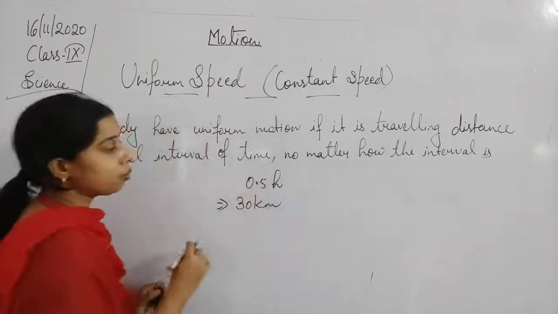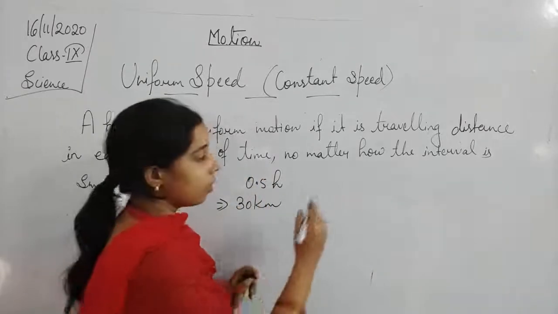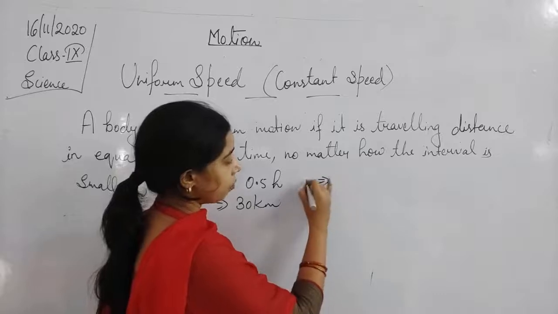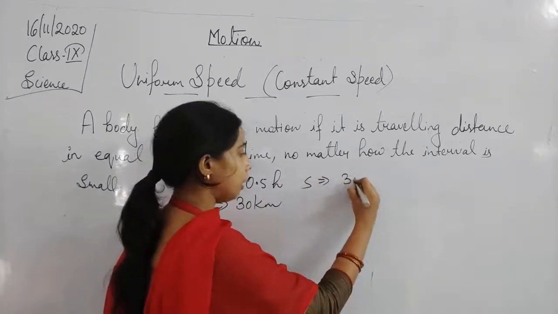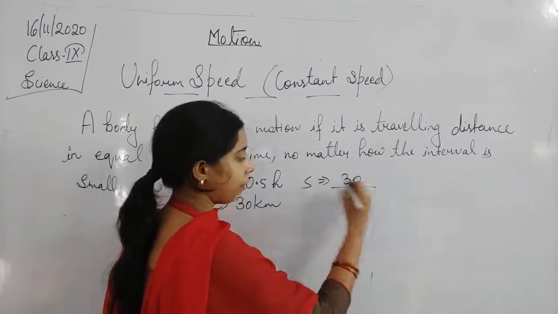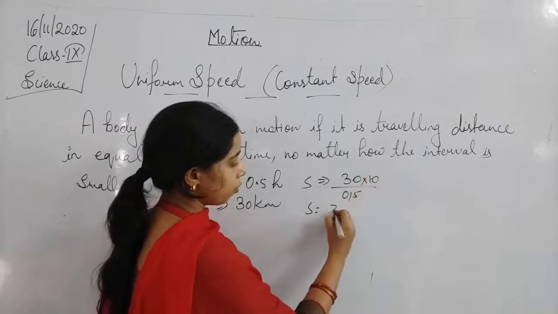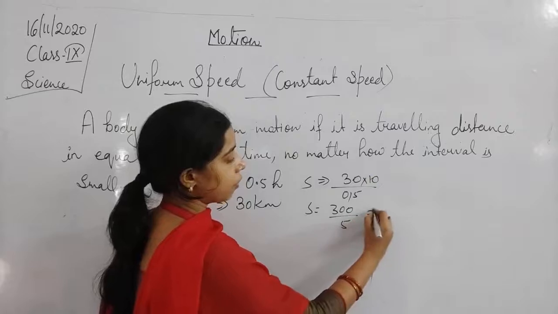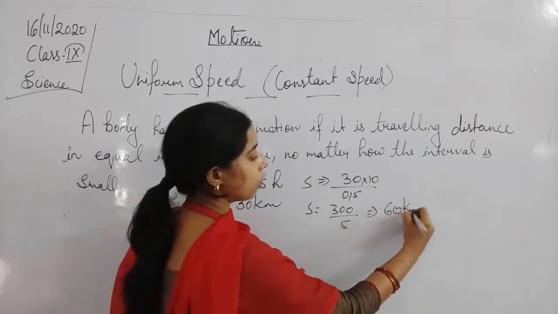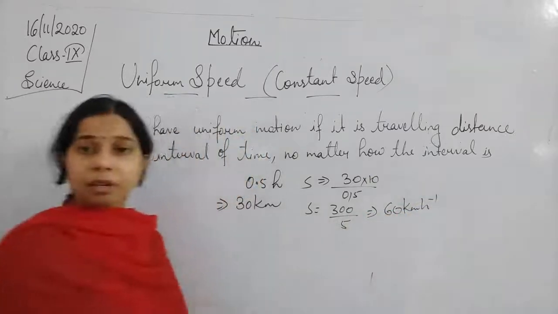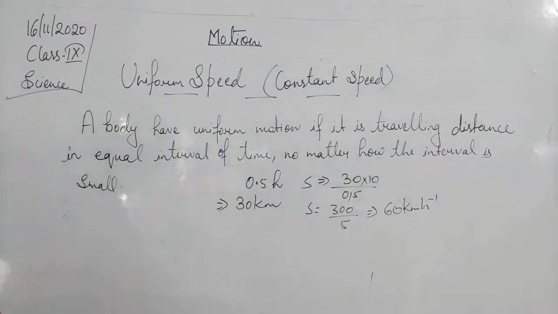So you see, students, in the first half an hour, speed equals 30 upon 0.5, which is 300 upon 5, equal to 60 kilometer per hour. So in the first interval, the answer will be 60 kilometer per hour.